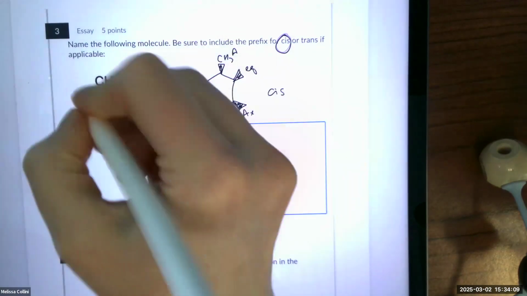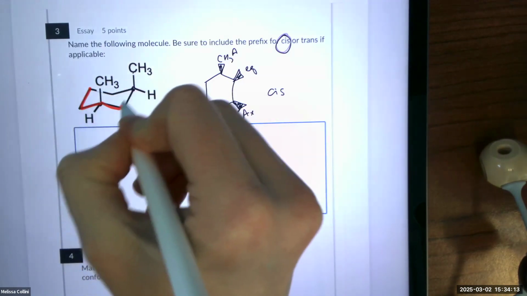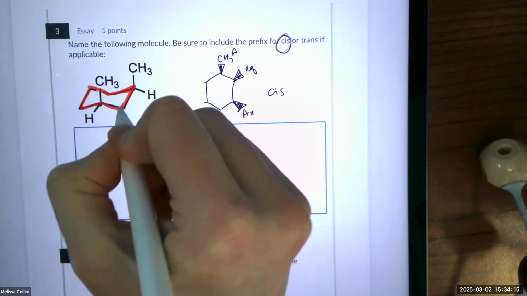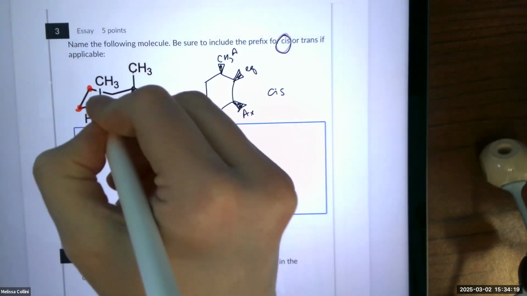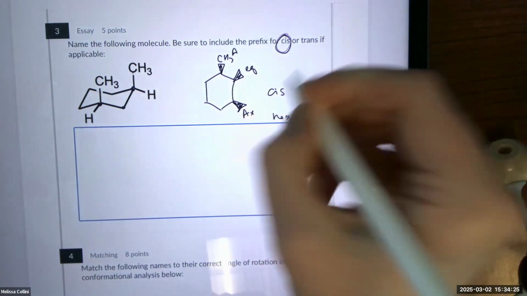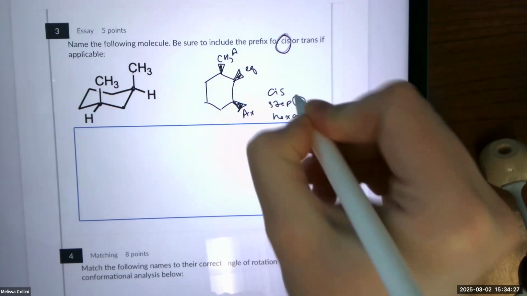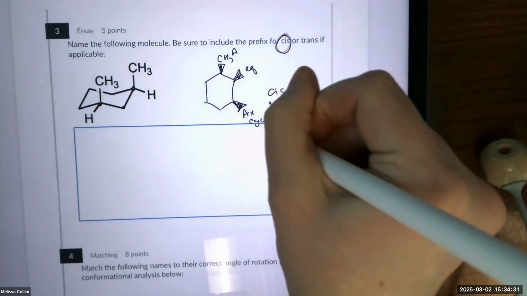Okay, but I got a little bit ahead of myself. I got excited because I don't have my modeling kit, but the first thing you would have to do is number, and I can tell that this is the longest chain present because it's a ring. And so it's a 6-membered ring, 1, 2, 3, 4, 5, 6. So that means that hexane is our parent chain. So step 1, we find our parent chain, and in this case, cyclohexane is our parent chain.